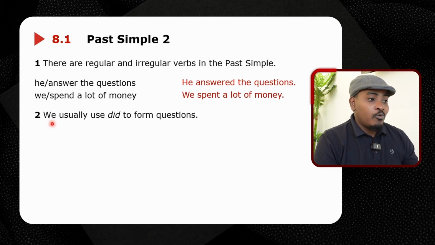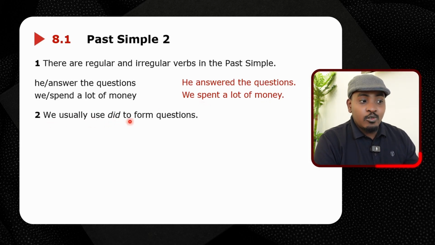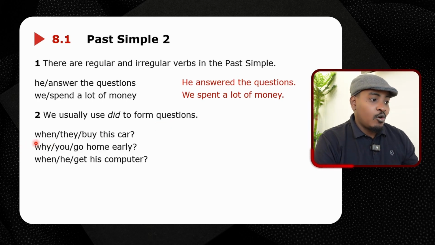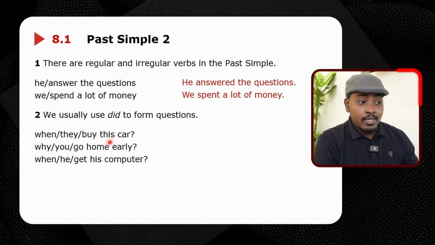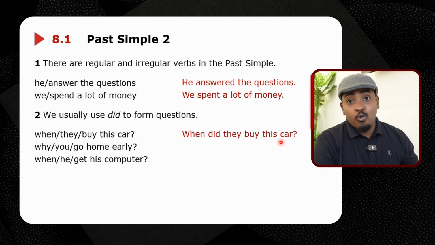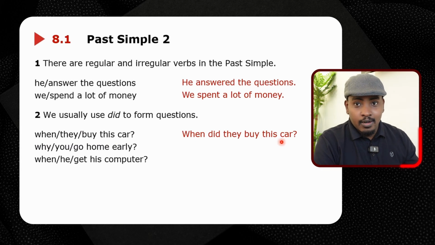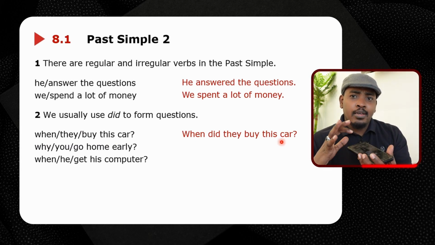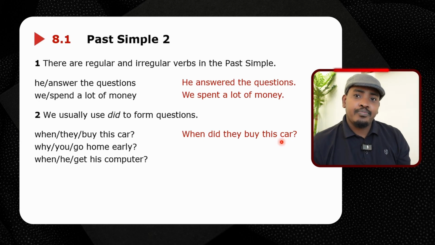Okay, we usually use did to form questions, right? In the past, of course. Example, when they buy this car. So we say what? When did they buy this car? Or for example, you may ask me, when did you buy this phone?